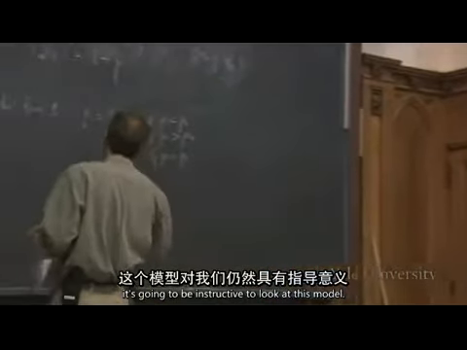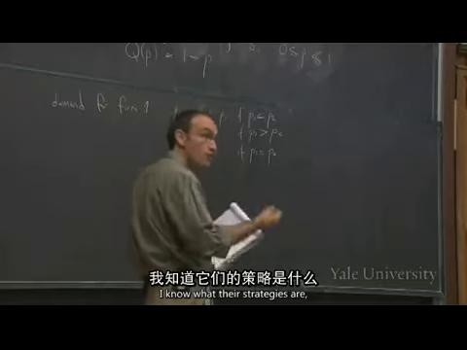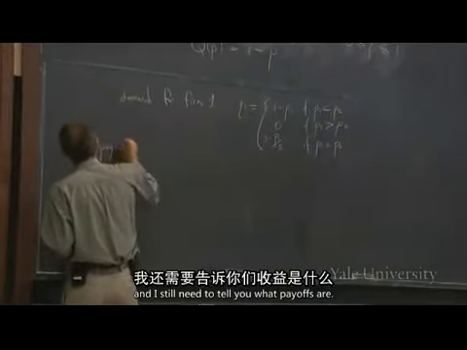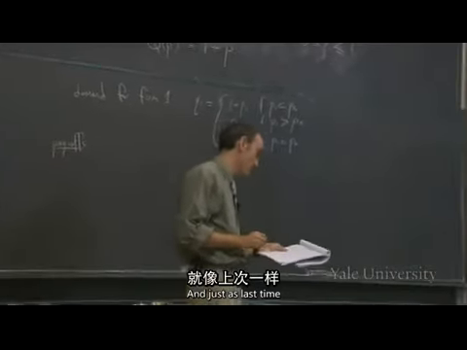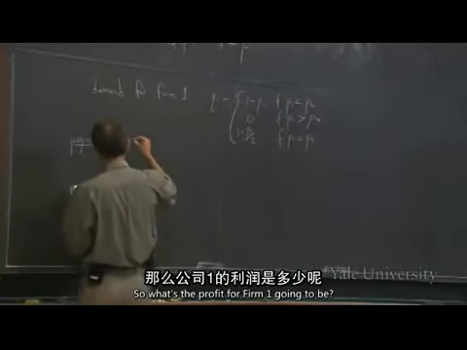All right, so I've got the firms, they're the players, I know what their strategies are, I know a little bit about the structure of the market, I still need to tell you what payoffs are. And just as last time, the firms are going to try and maximize profits. So what's the profit for firm 1 going to be? And I won't bother to write it separately for firm 2.